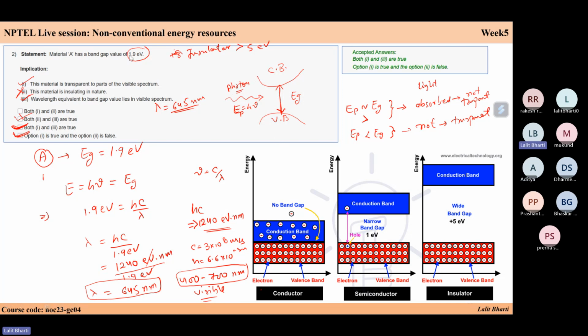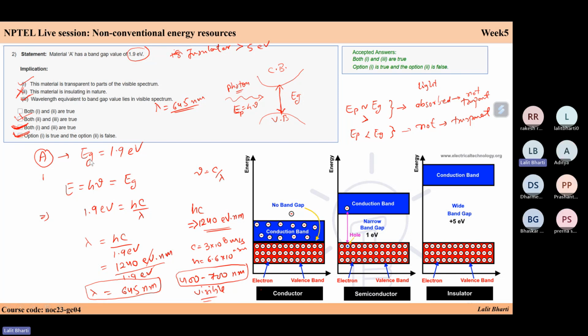A material has a band gap of 1.9 electron volt. Then we have to check which statements are true. The material is transparent to parts of the visible spectrum. So this is again the same question we discussed in the previous hour. You need to calculate the typical wavelength which will be required for the given EG value.